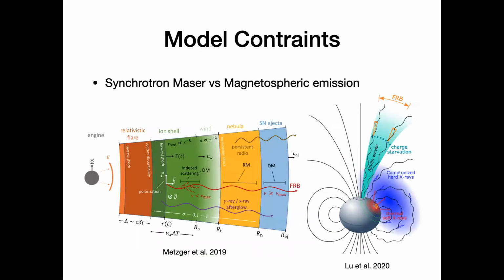And for model constraints, as I mentioned, the diverse PA swing challenges a model proposed by some people. In this scenario the FRB is produced by a synchrotron maser, in a GRB-like model.